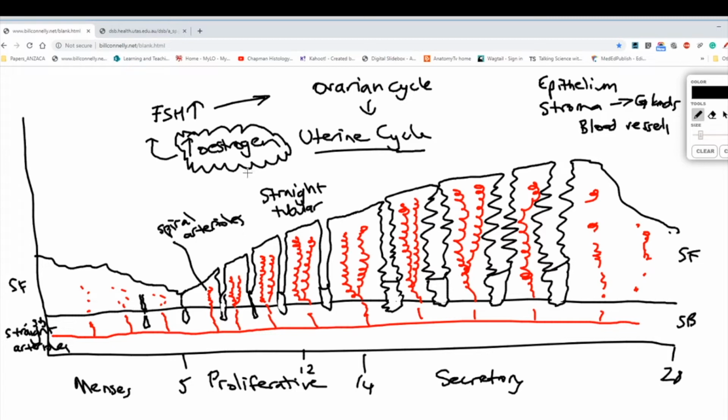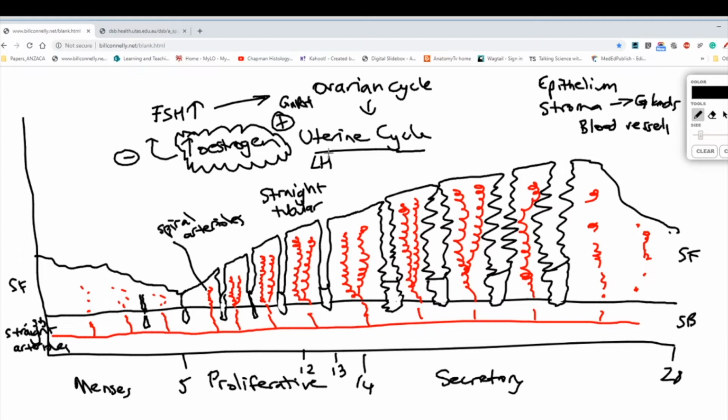The dominant follicle is pumping out lots and lots of estrogen, and that has a positive stimulatory effect on GnRH release, and then FSH, but particularly LH. So on day 13, we get this big surge in luteinizing hormone, and then eventually within the ovaries, that brings about ovulation taking place.